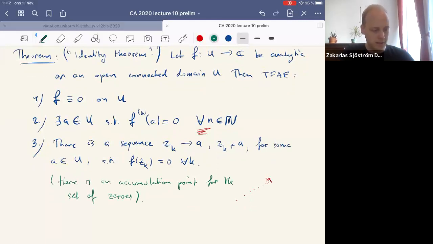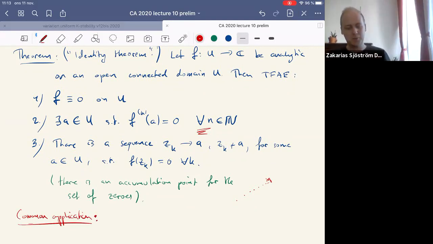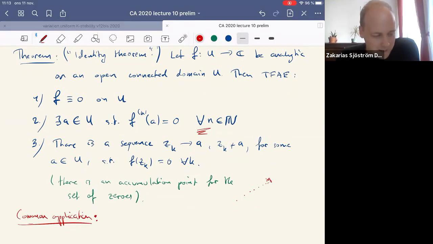And a very common application. So how should we try to use this? So, common application. And indeed, I think you all understand this application now, because this is what you were supposed to use in the homework. So if you have two functions, of course this statement that f is equal to 0, you can apply it to f minus g.